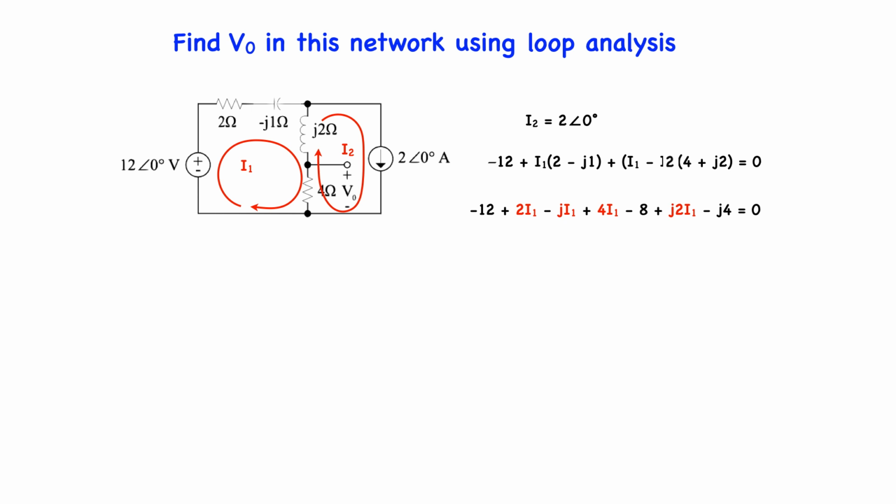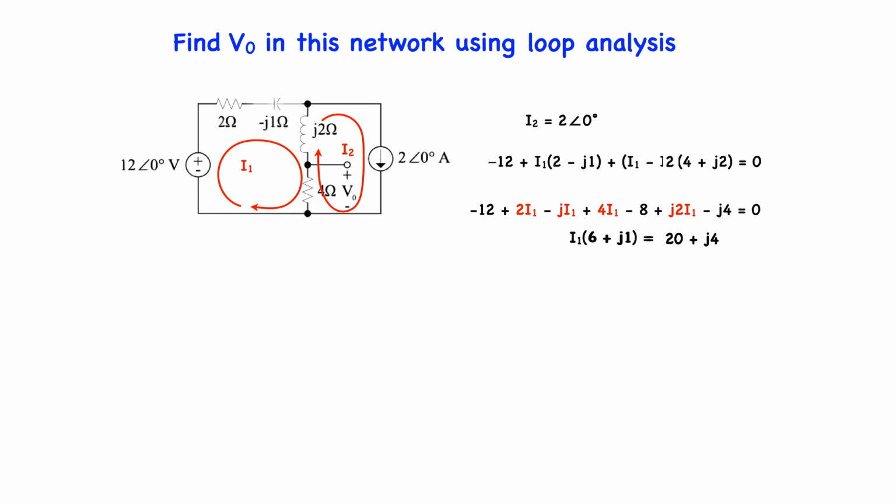I have colored the I1 terms for clarity. Collecting like terms, moving the whole numbers to the right side of the equation and keeping the variables on the left-hand side, we get I1 times the quantity 6 plus J1 equal to 20 plus J4.